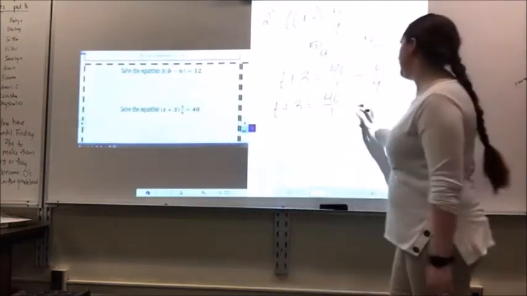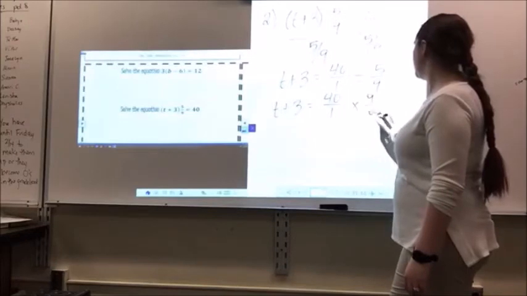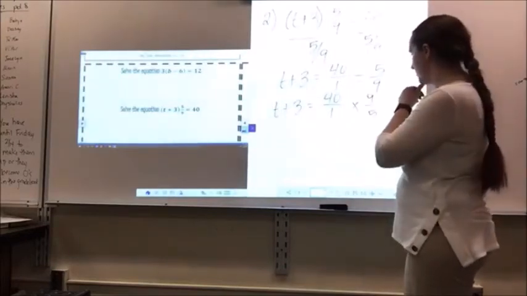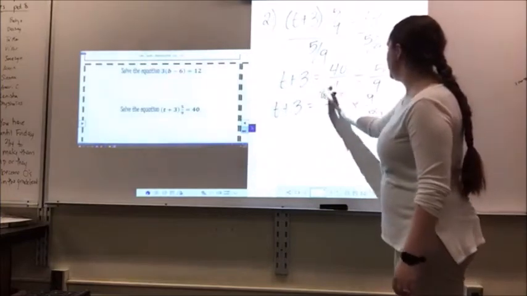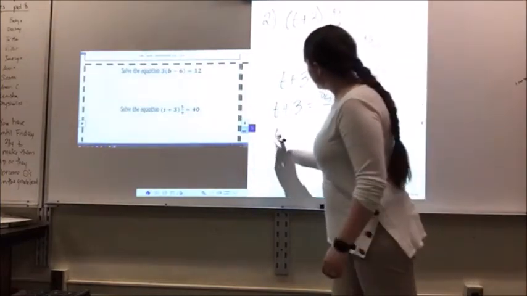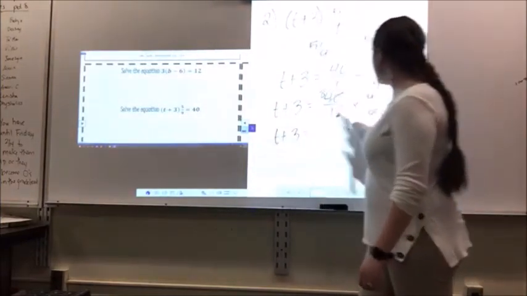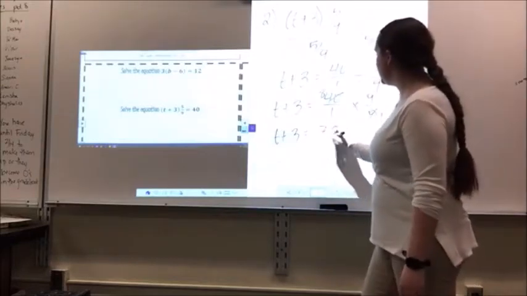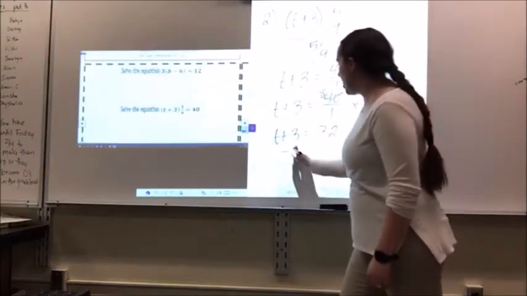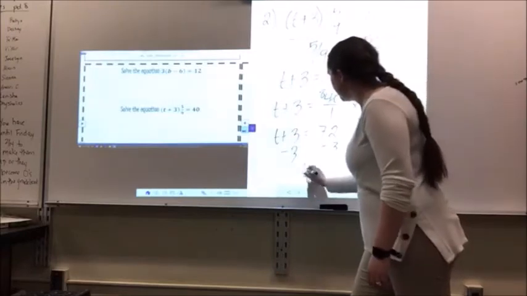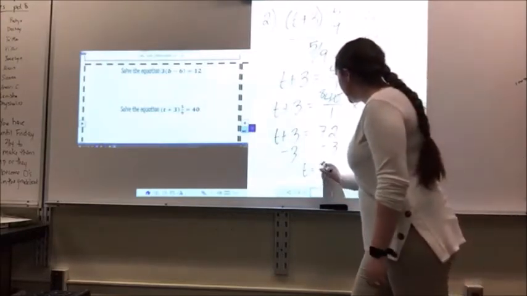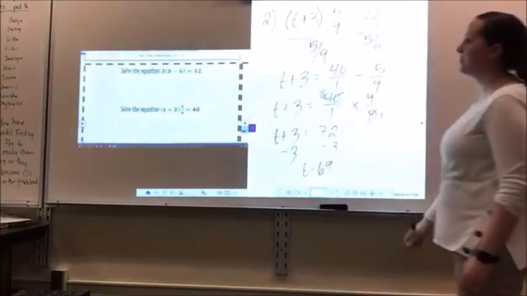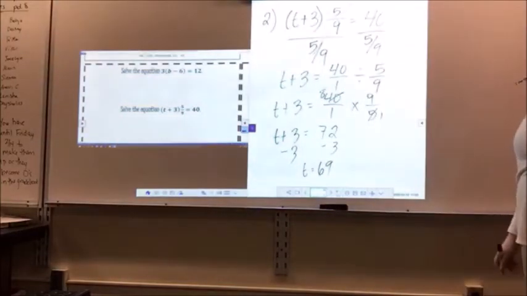I can cross cancel. So t plus 3 is 8 times 9, which gives me 72. Then I subtract 3 from both sides. 72 minus 3 is 69. So t equals 69.